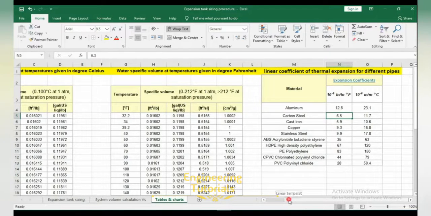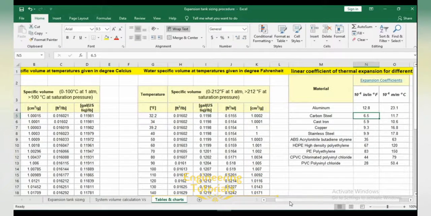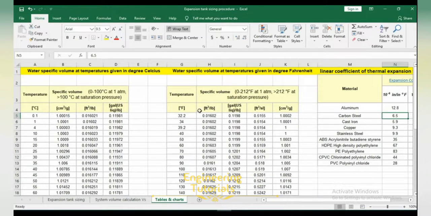So 44 degrees Fahrenheit. This table is in degrees Celsius and this one in Fahrenheit. As we know that our temperature is 44 degrees Fahrenheit, since we don't have 44 here, we have 40 and 50, and the specific volume is the same: 0.01602 at 40 degrees Fahrenheit and 0.01602 at 50 degrees Fahrenheit.